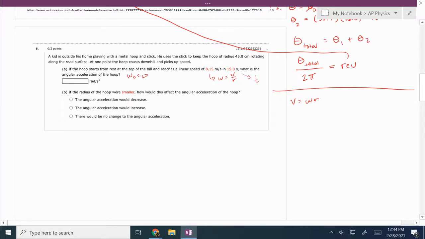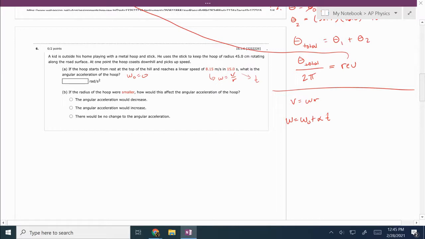So figure out the angular acceleration. That would just be the Paul equation there. You, of course, have the initial omega, you got the final omega, and you have the time. So you got everything you need there. If the radius of the hoop were smaller, how would that affect the angular acceleration of the hoop?